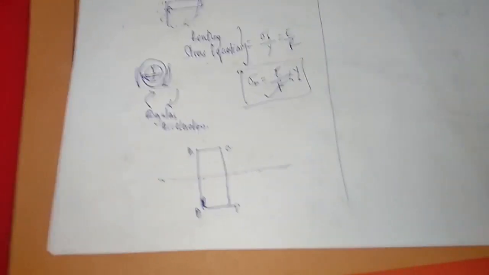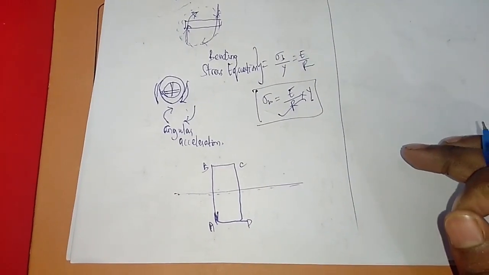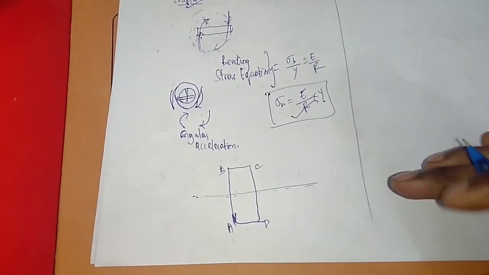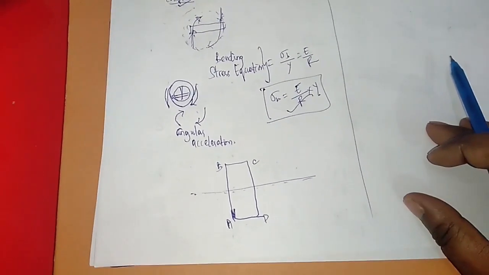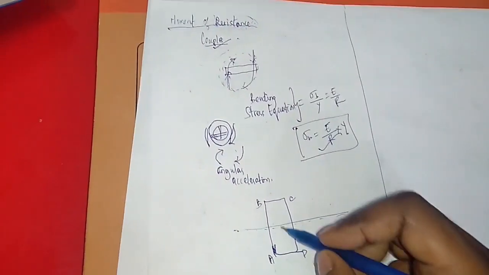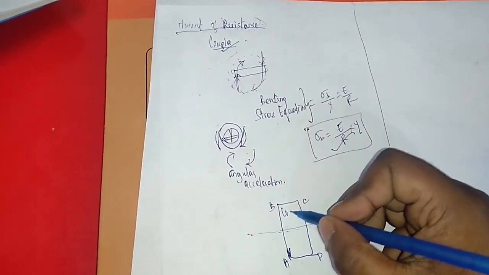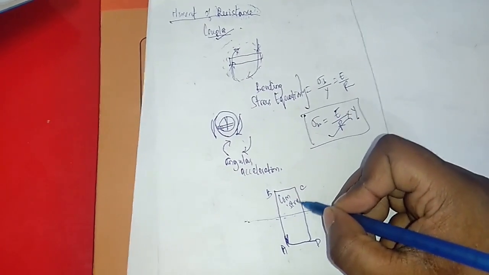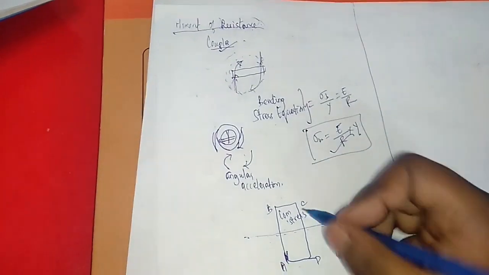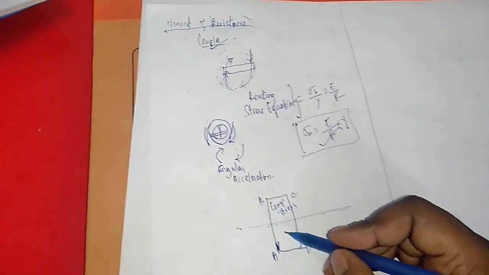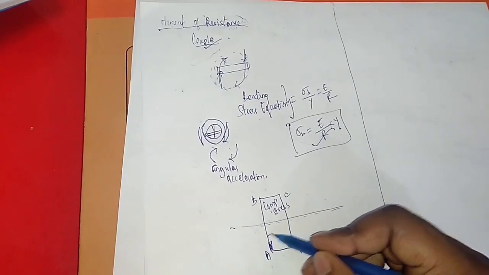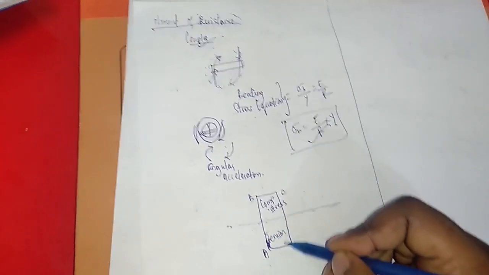So in every beam, on one side there will be compression and another side there will be tension. Okay, so in every beam above neutral axis there will be compression stresses. So it may vary, but it is a common term. Above neutral axis compression stress will act. Below neutral axis there will be tension stresses.